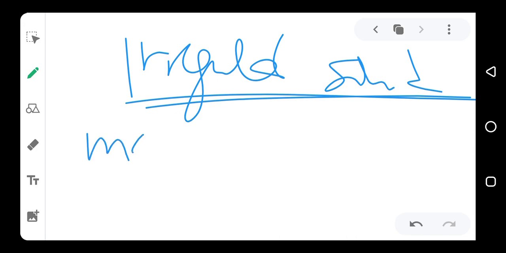So we get the mass by weighing it on a weighing balance.